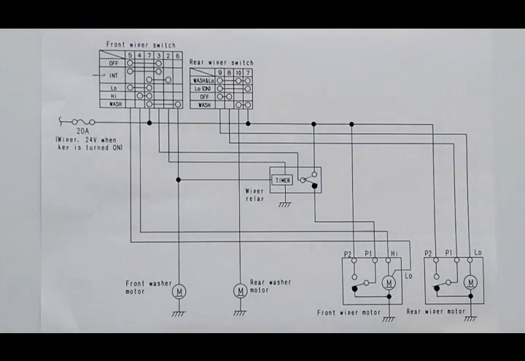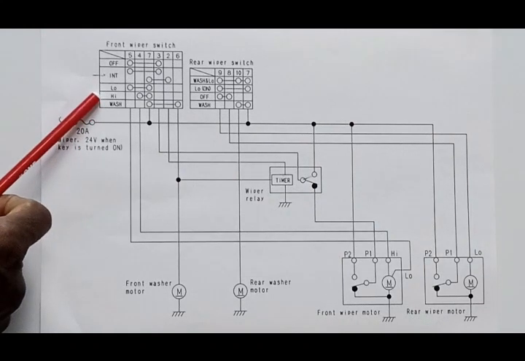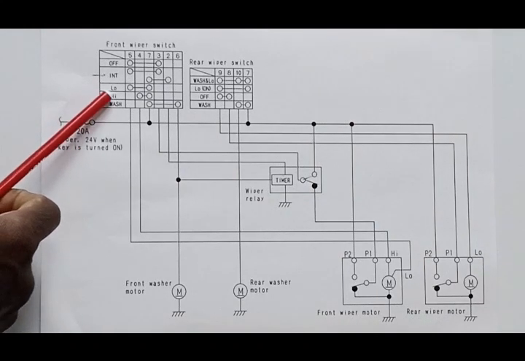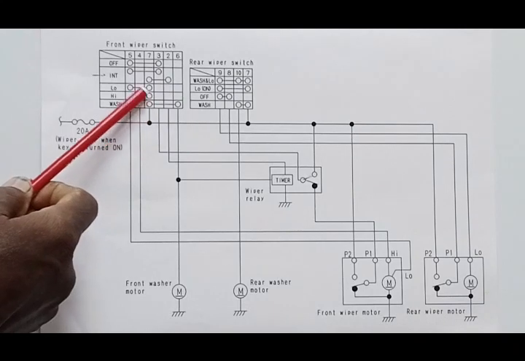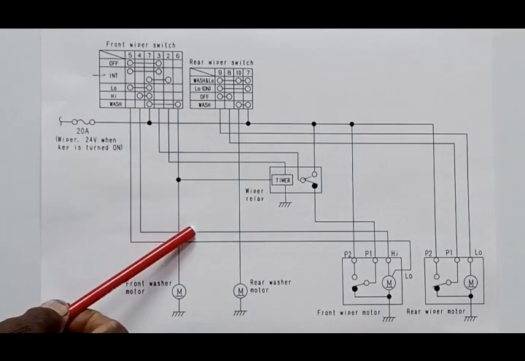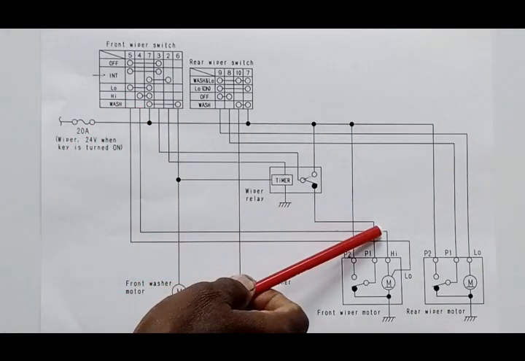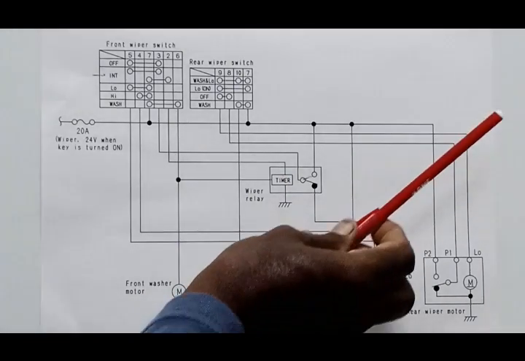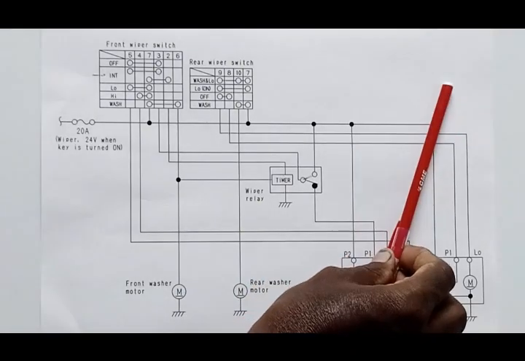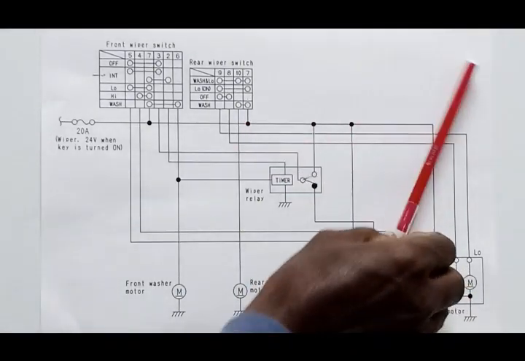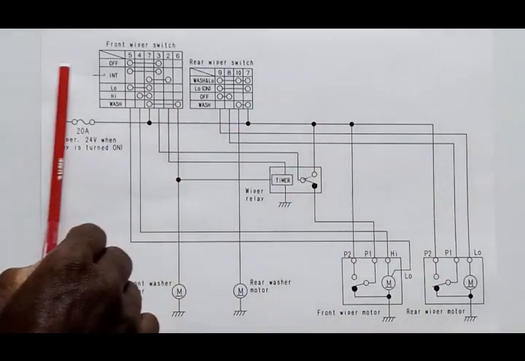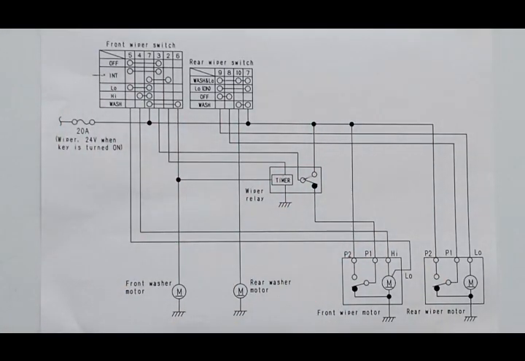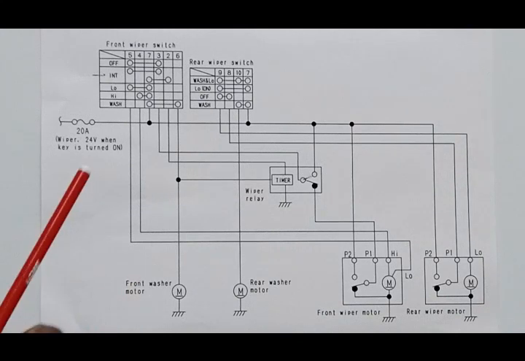It's very simple. And same when we put the switch in the high position, the current flows toward the high, which is already grounded, so our wiper blades start working very speedily like this. So this is our operation, how the interval, high speed and low speed wiper blades are working.